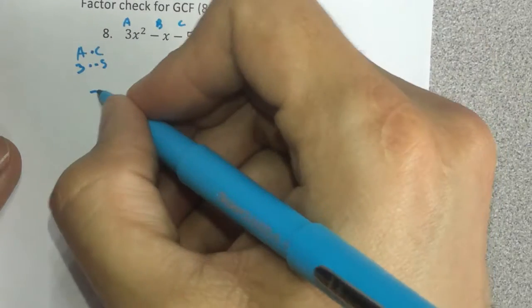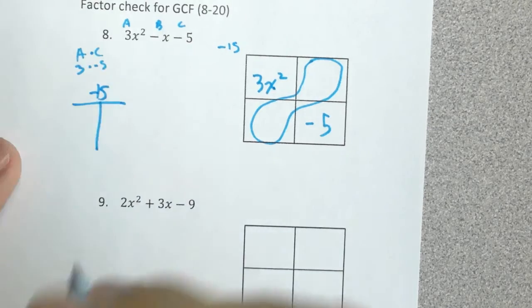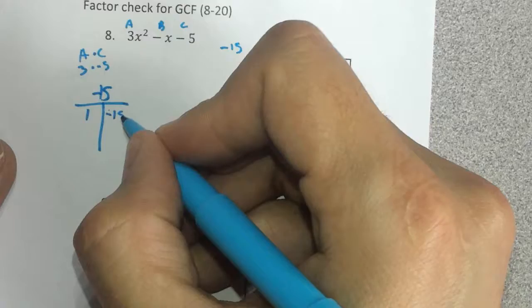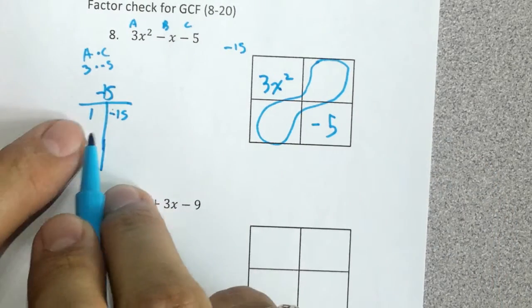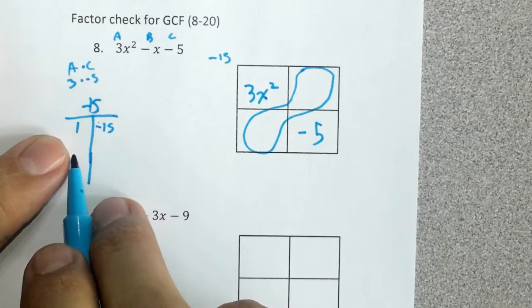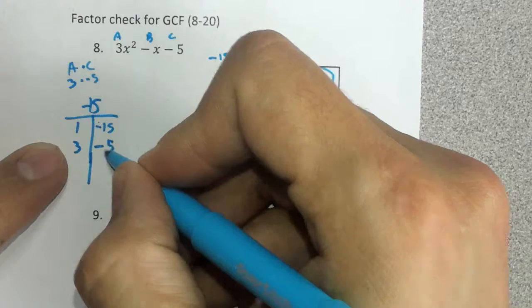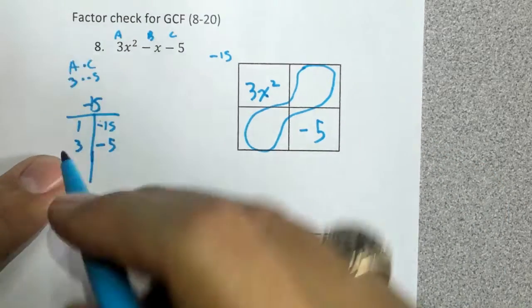So we have -15, and we're going to start with 1. 1 times -15. Let's keep going with these factors. Does 2 go into 15? Nope. 3, yes. 3 times -5 is -15. 4 does not. 5.